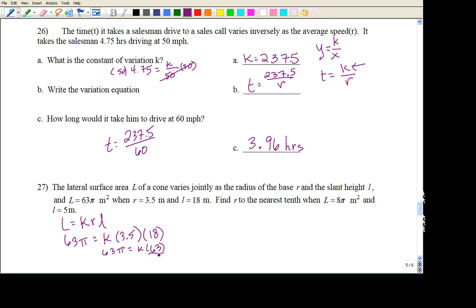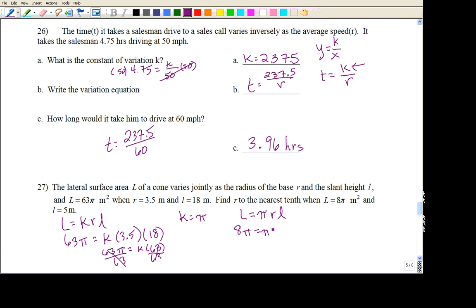So then if I just divide both sides by 63, I get that K equals pi. So now I know that L equals, my K value is pi, and then we have times R times little l. So find R to the nearest tenth when L equals 8 pi square meters.